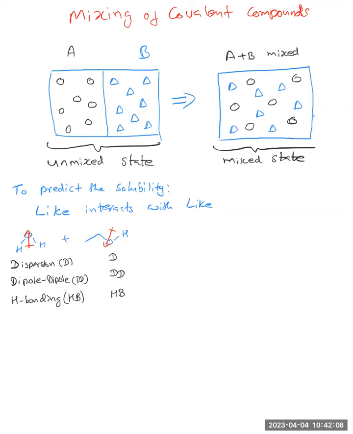So you see that they both have similar types of intermolecular forces. Therefore, if you put them together, I say this in class, if they go to a party, they are more likely to interact with each other. So we can predict that these are going to mix.